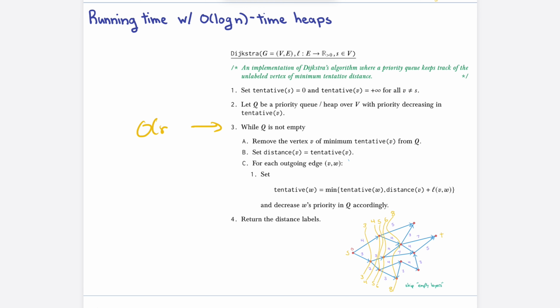Each time you remove a vertex that's not labeled yet and you label it, so there's only n. How long does it take to remove the minimum vertex? Just did it. Log n. You set it, that's no big deal. And then when I decrease priority key, that will also be log n. So I think the interesting part is how many times do I do step 3.c.1?